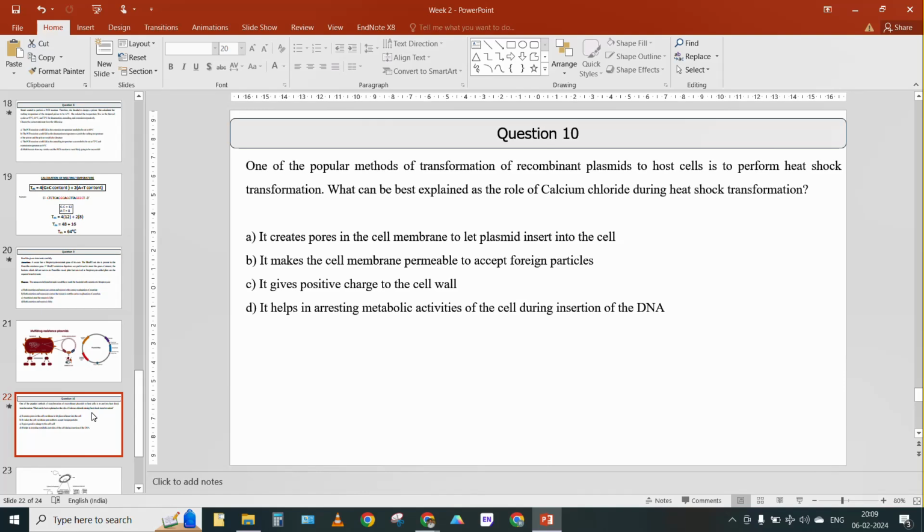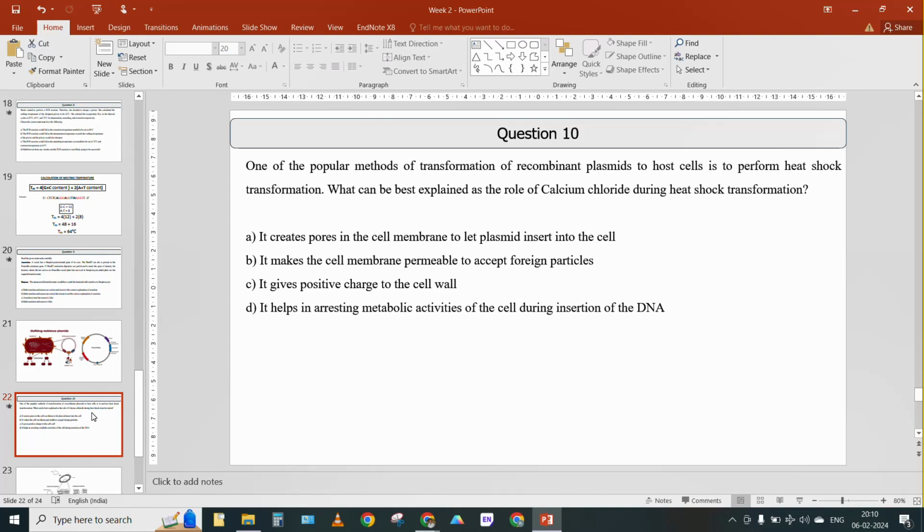Because of that, our plasmid containing the gene of interest can easily enter that cell. So, according to you, what is the best explanation option here?